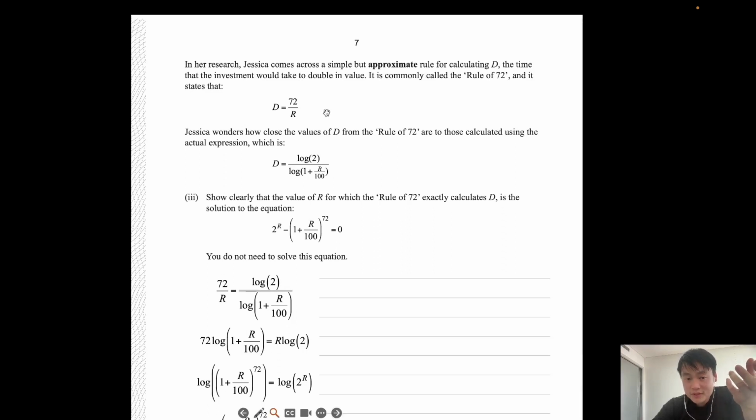Do you understand what this expression really represents? d is equal to 72 over r is her approximate number, so it's not actually the exact answer. This is what the exact answer is. So for the answer that exactly calculates d, they're basically saying for this equation over here, the answer that exactly calculates it is the solution to this equation. That's what they're talking about.